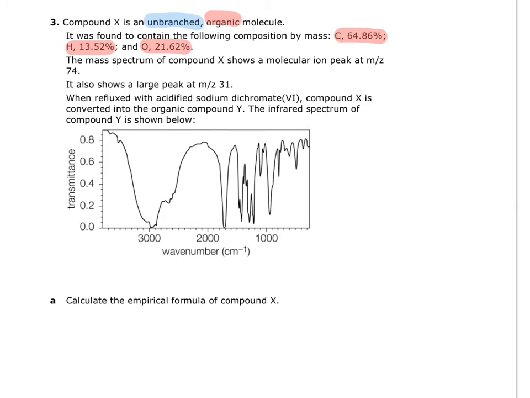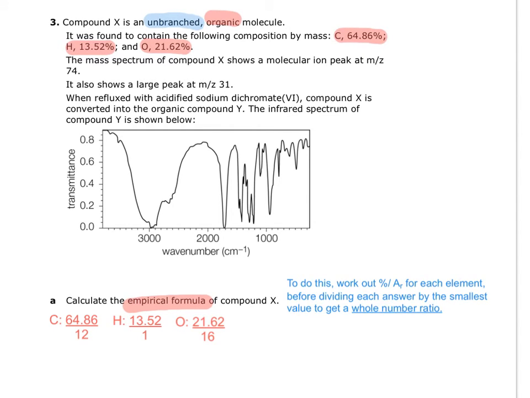So, the first thing they want us to do is to calculate the empirical formula of X. So to do that, we need to use this basic premise of the percentage over the atomic mass. So my first step is to divide the percentage given by the atomic mass for each element. You're allowed to round up or down accordingly.